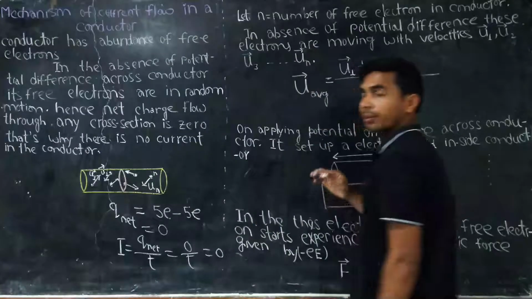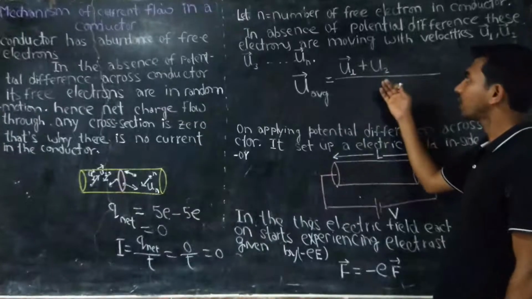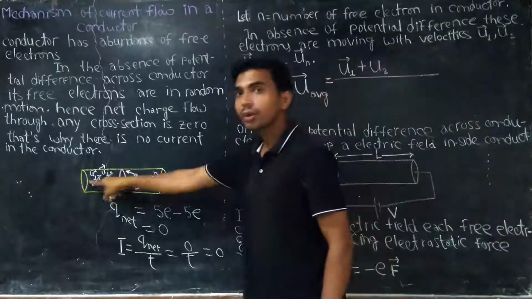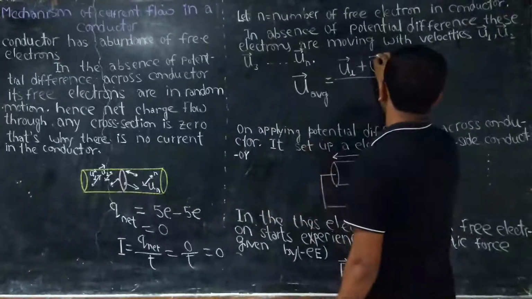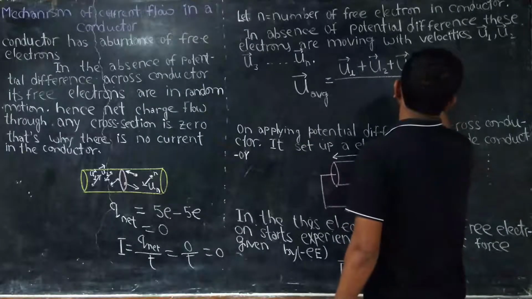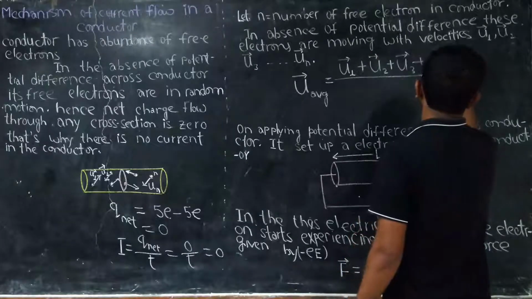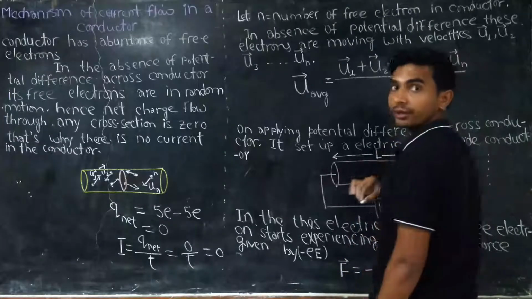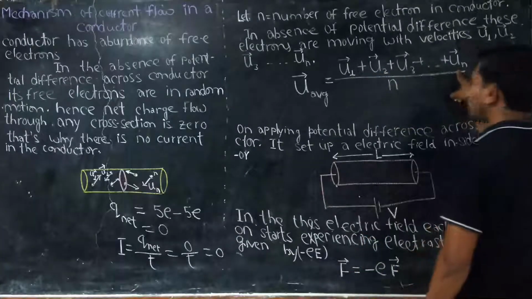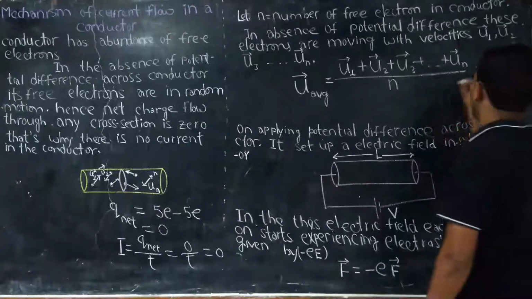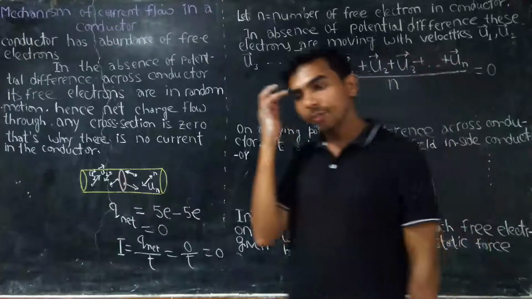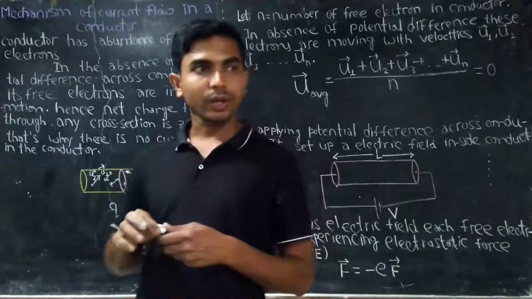You know how to calculate an average: the sum of all velocities divided by the number of electrons. The first one has velocity u1, the second one has u2, the third one has u3, and so on, plus un, where un is the velocity of the nth electron, divided by n. The sum will be 0, so the average velocity is 0.